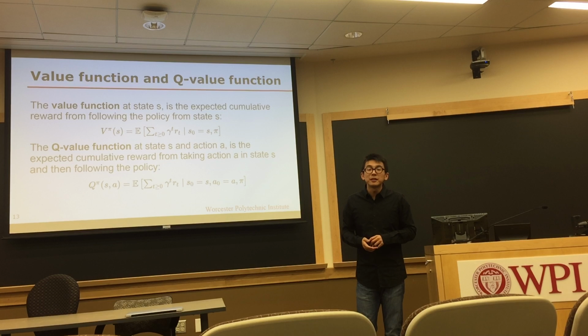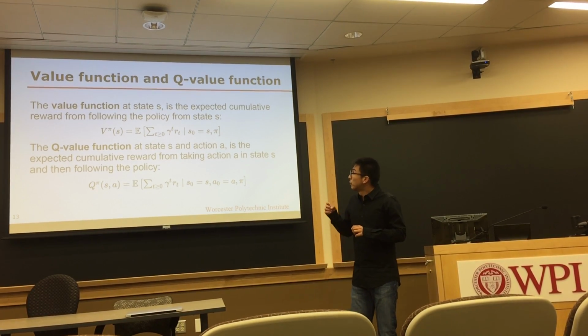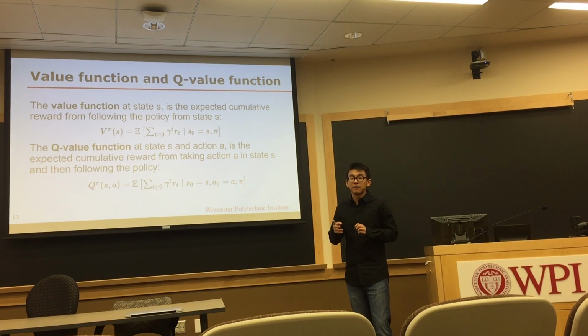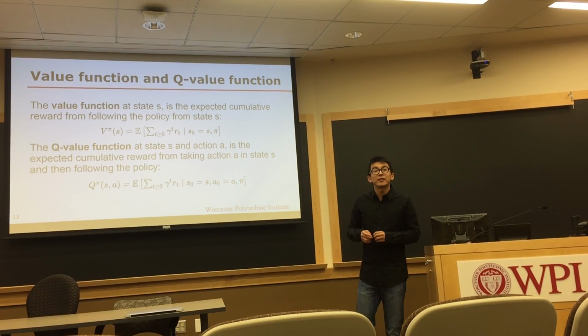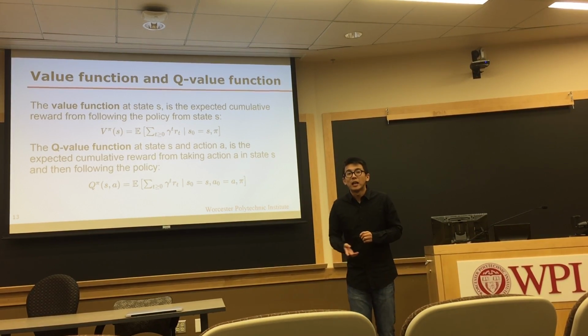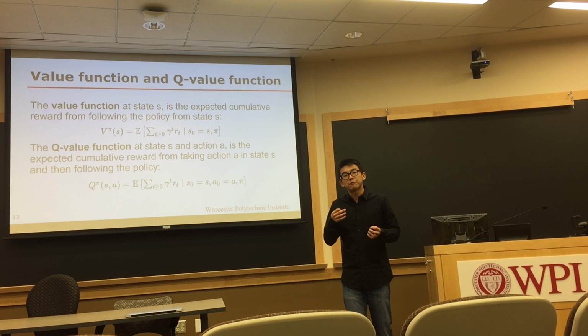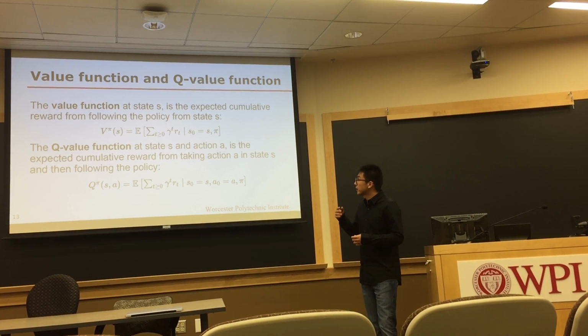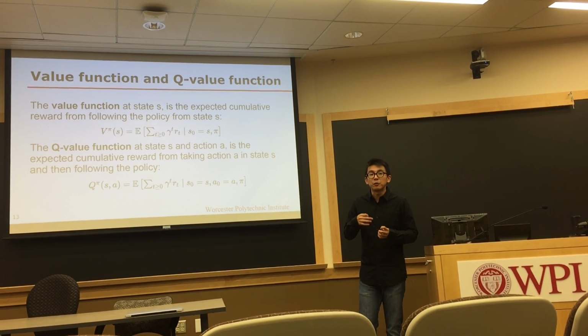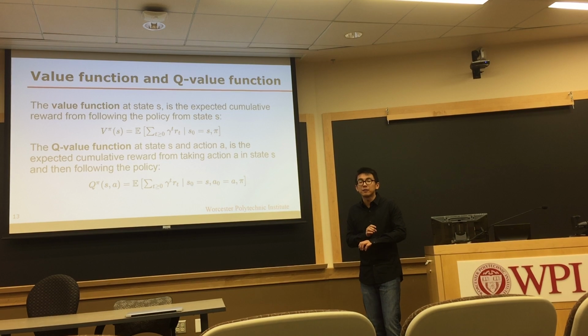The value function is the expected cumulative reward by following the policy from the state, and the Q-value function is very similar, which is the expected cumulative reward by taking the current action given the current state.